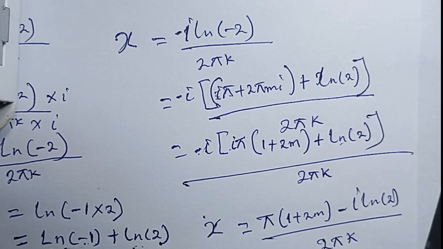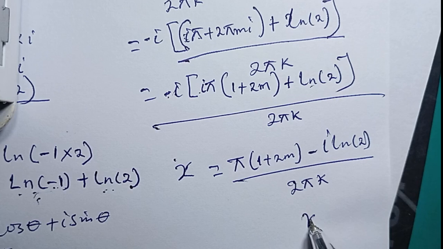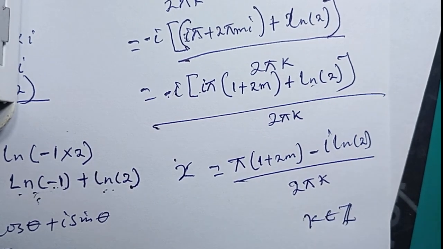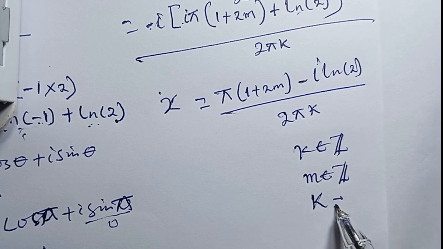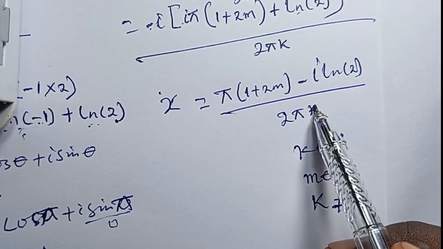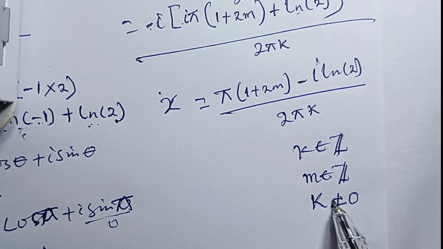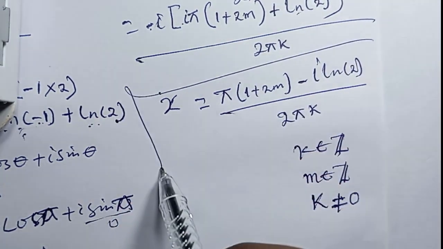This is going to be true for all integer values of k and integer values of m, and of course k is not equal to 0. If k becomes 0 here, there is a problem.